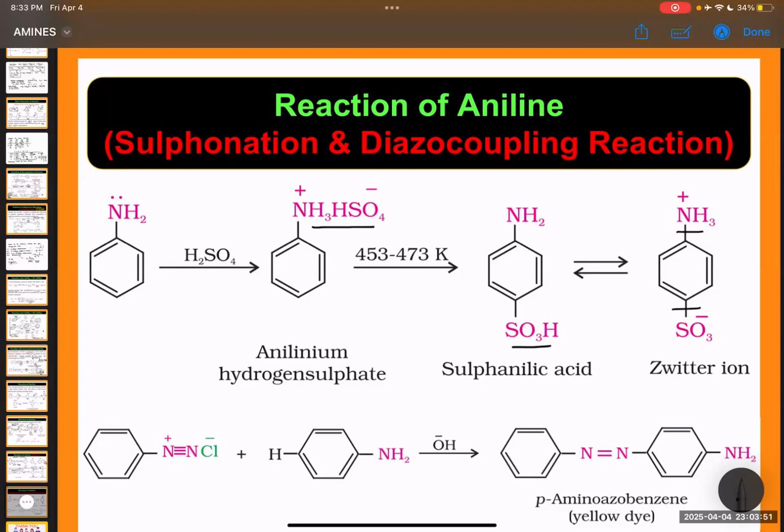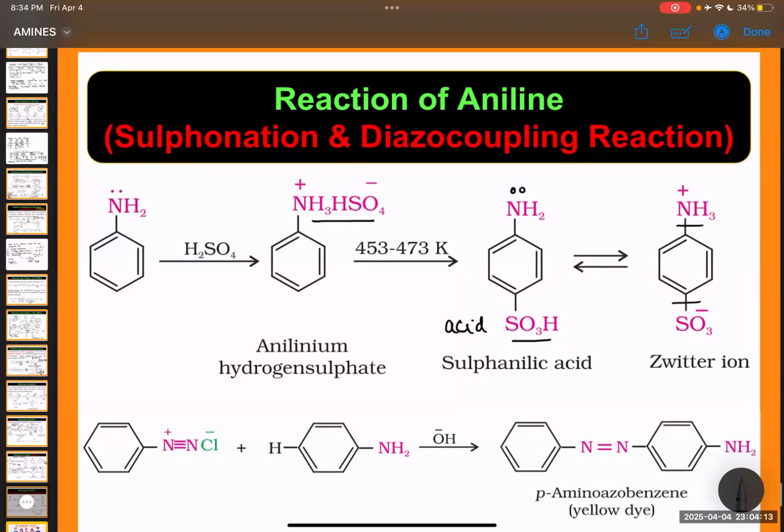Why do the positive and negative charges come up? Because this is a base and this is an acid. So the acid donates H plus and the base accepts H plus.